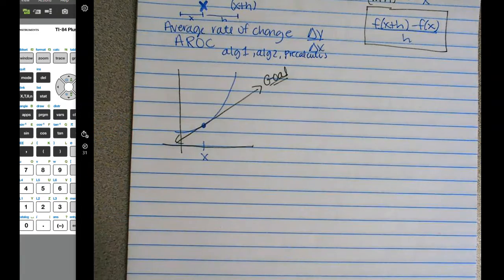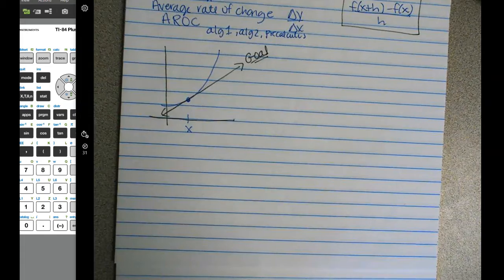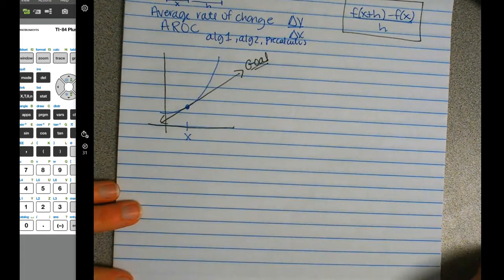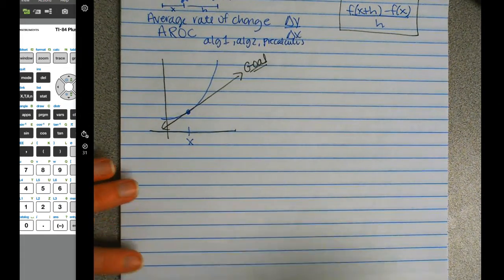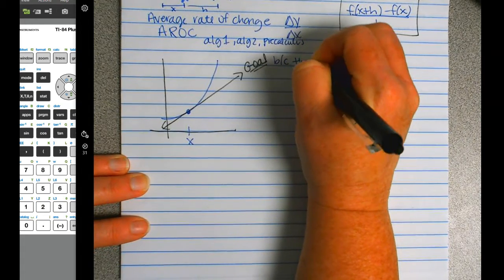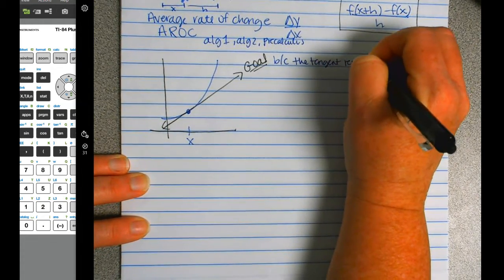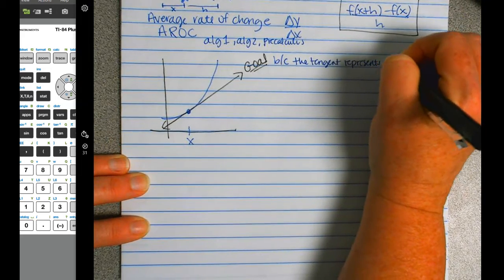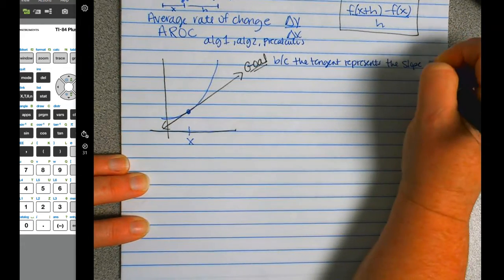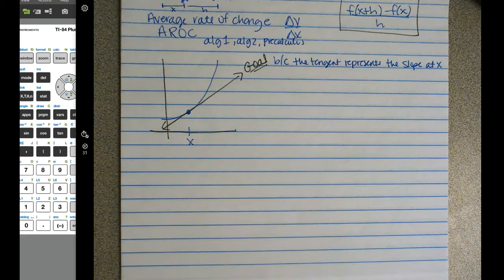And the reason it's my goal is because the tangent line represents the slope at x. And that's what I want.